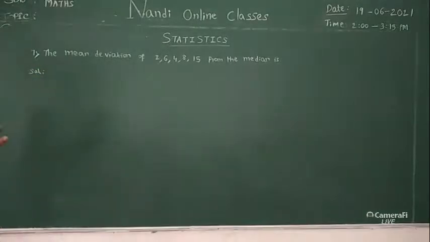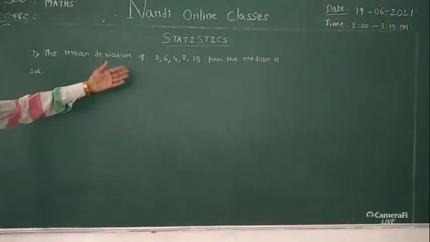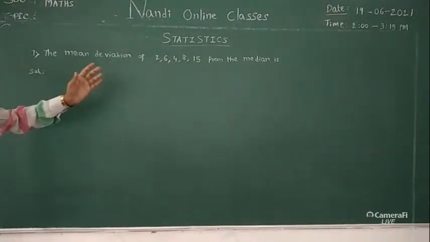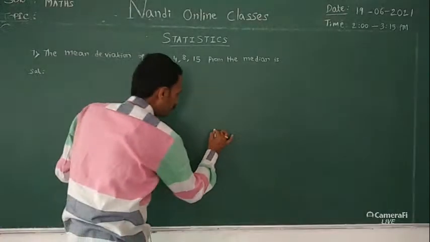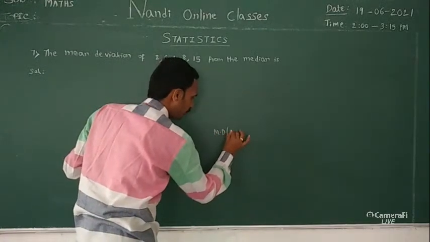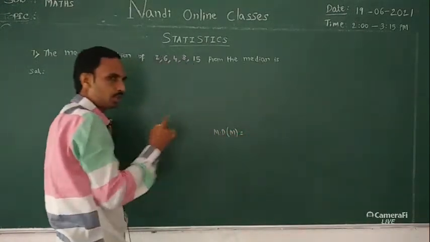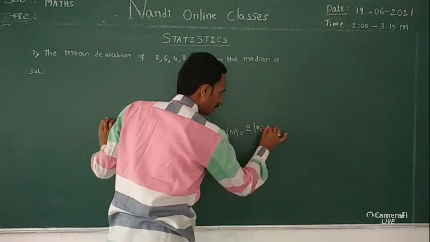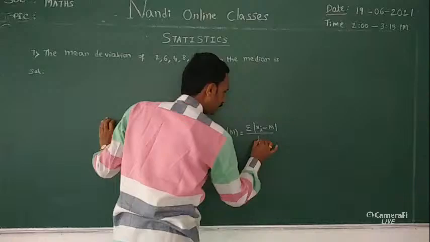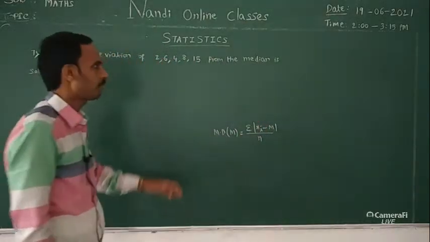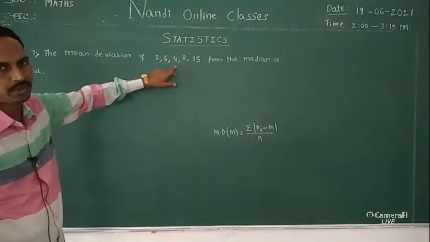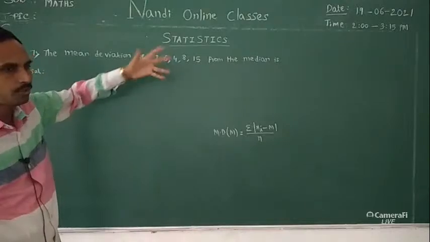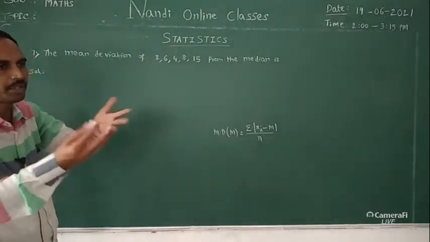Now, mean deviation about mean is over; now mean deviation about median. Here observations are given, and we are going to find mean deviation about median. The mean deviation about median formula, with median denoted by M, is summation modulus of xi minus capital M divided by n. This is discrete frequency, not continuous frequency.